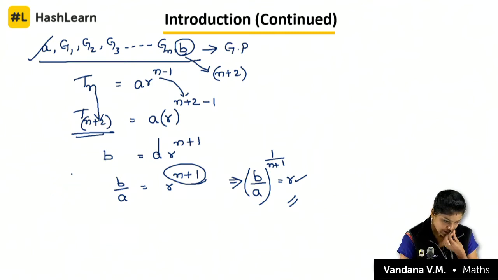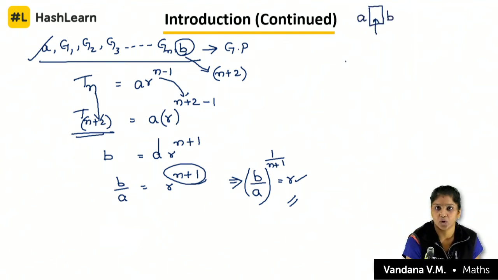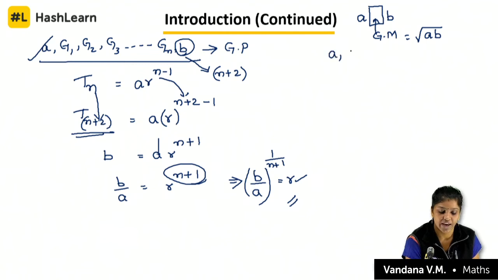And if you have only 2 terms, how to insert only one term? This is called the geometric mean. The formula is root AB. Suppose A, B, C are in geometric progression, with 3 terms.